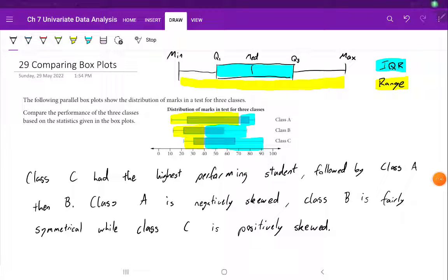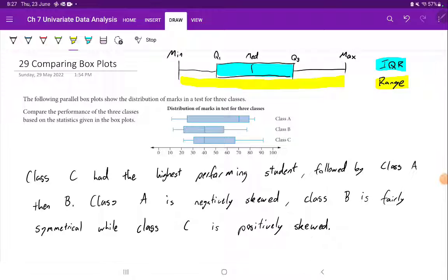Alrighty, so there we go. We've talked a little bit about shape. Now we can talk about the upper 50% and the lower 50%, and this is where the skew really becomes a useful measure. Look at Class A. 50% of the people will always perform between the median and the maximum. Remember, we're splitting the data into 4 chunks.